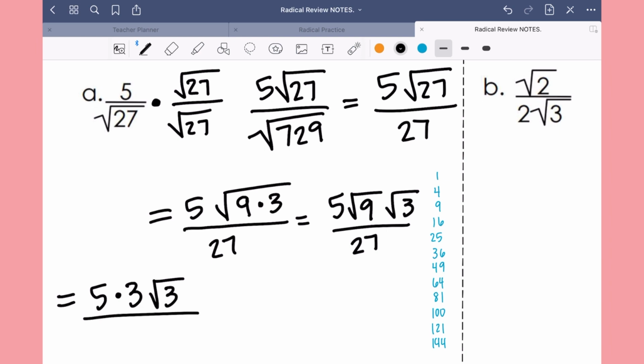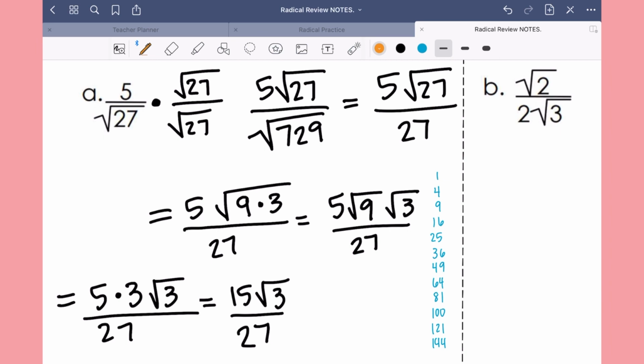So we just keep going. This one is actually a long one. What is 5 times 3? Just keep simplifying. 15. Okay. And one last step. This is a fraction. So if we were to leave this fraction like that, it's not simplified.